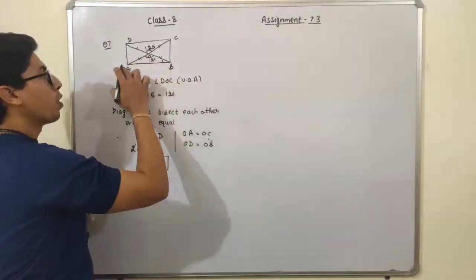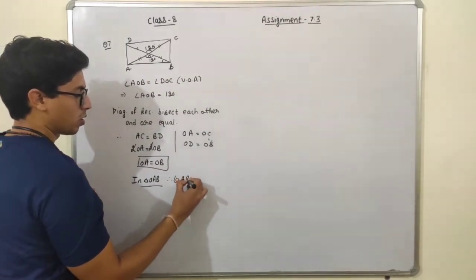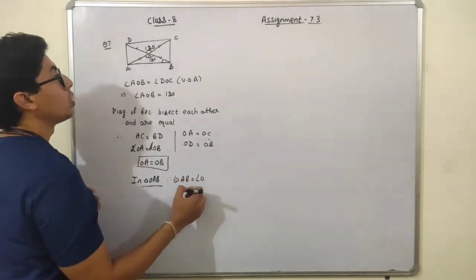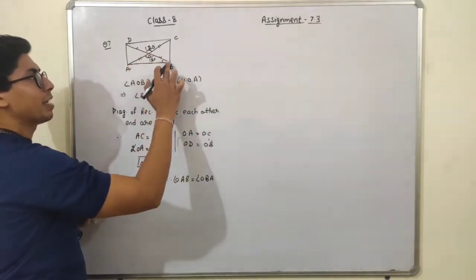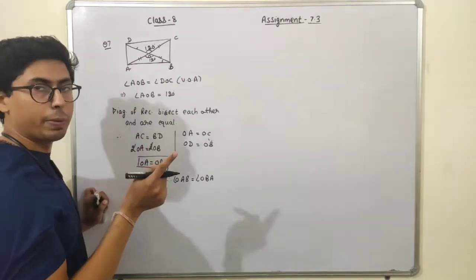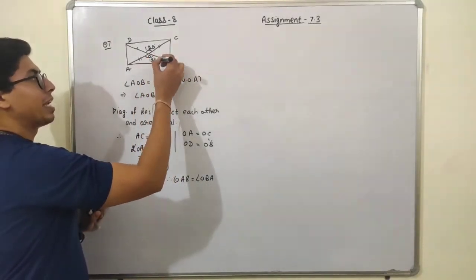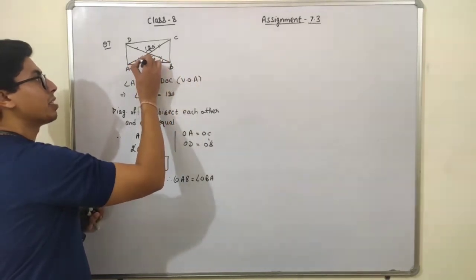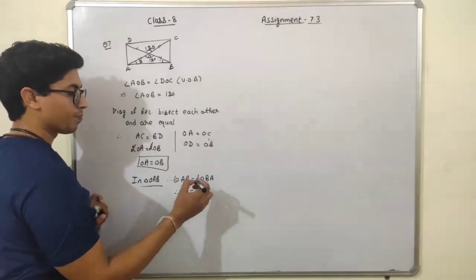Therefore, angle OAB is equal to angle OBA. Now if I name this as angle 1 and this as angle 2, I can say that angle 1 is equal to angle 2.